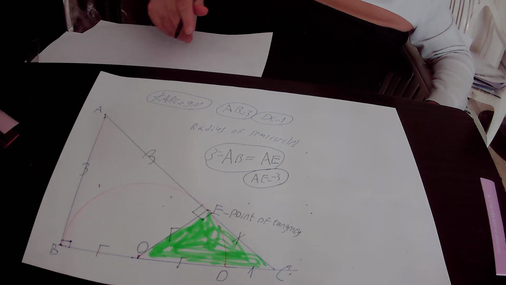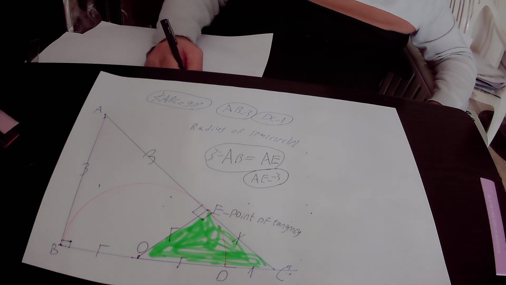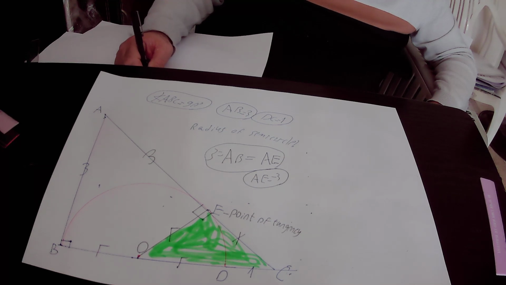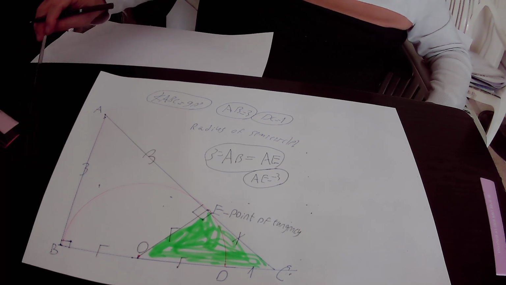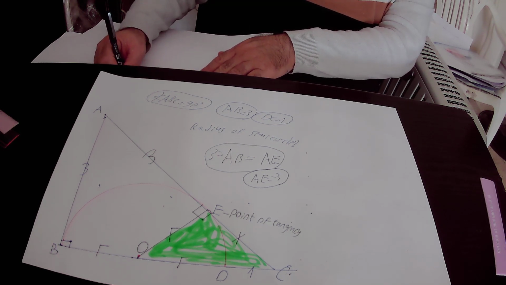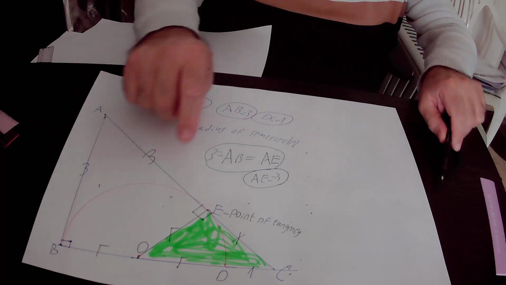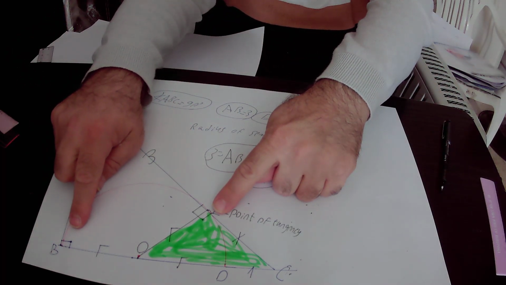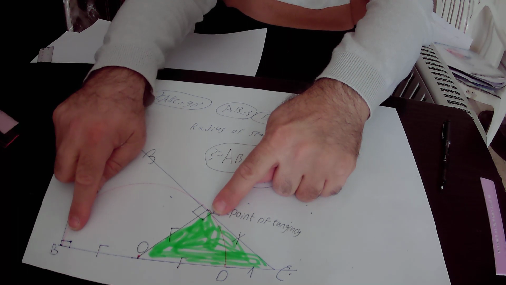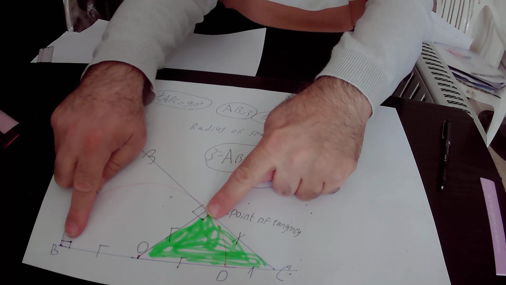Okay? So we will focus on triangle ABC and triangle OEC. First of all, those two angles are equal to each other and they are both equal to 90 degrees.